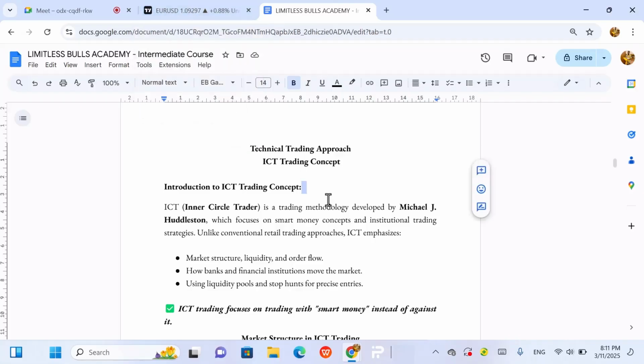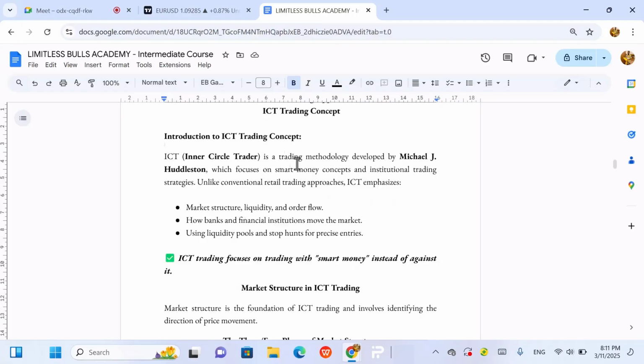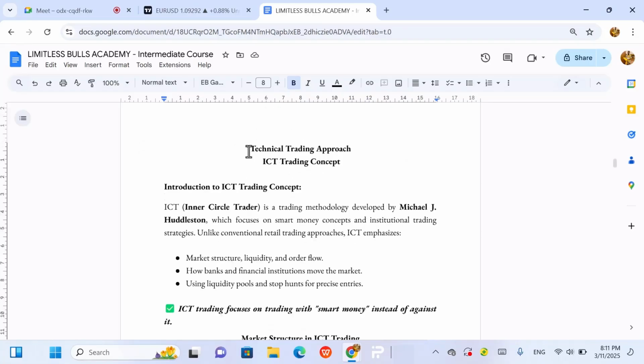All right, without wasting much time, this is already 11 minutes into our time. Remember, first of all, this is an introduction into the ICT trading concept. This is a technical trading approach.